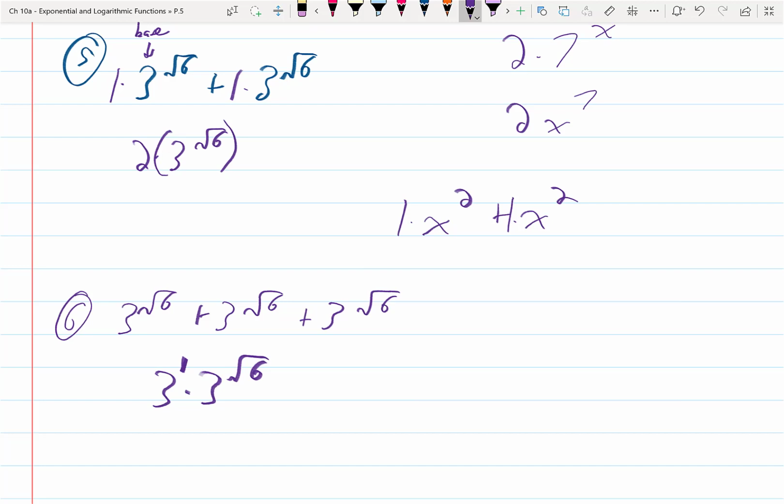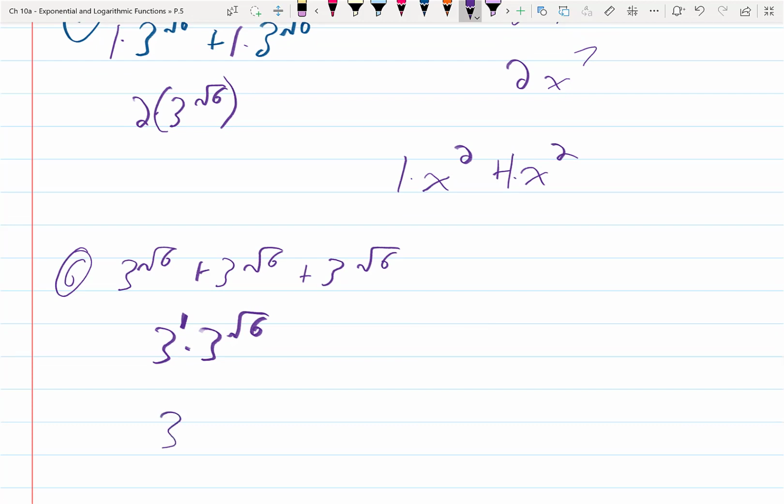When you multiply the same base, what do you do to the exponents? Add them. This could be 3 to the 1 plus root 6 now. That's being clever, and that's only if the bases are the same. We will need to do a lot of separation with bases needing to be the same and when they're not the same. A lot of that.